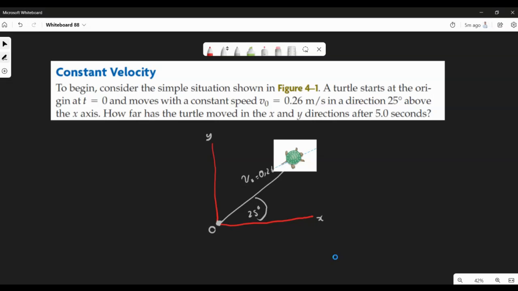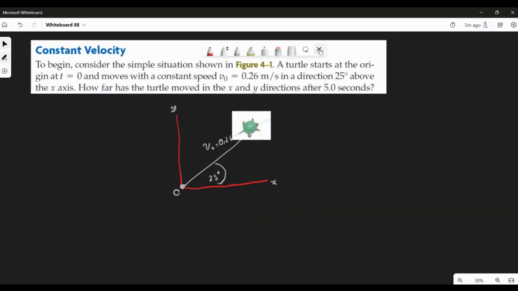So let me just basically talk to this. Obviously, we have a bit of the concepts. The first way you want to maybe do it, you can say distance equals velocity times time. I hope you guys agree with me, or we can call it x if you'd like. The velocity is 0.26.